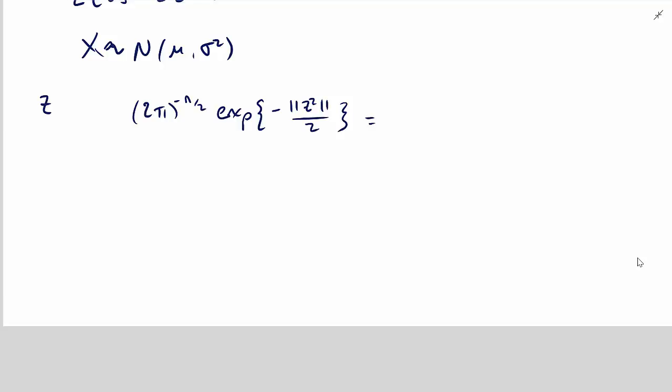So this is just, by the way, equal to the product, i equals 1 to n, of 2 pi to the minus 1/2 e to the negative z_i squared over 2. Okay, so we get the multivariate standard normal distribution just as the product of a collection of IID standard normals.